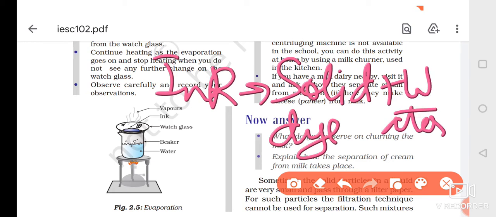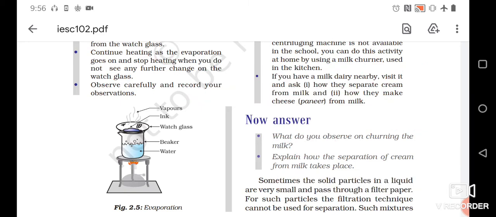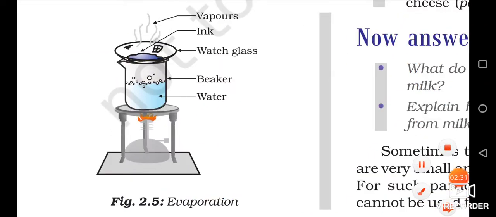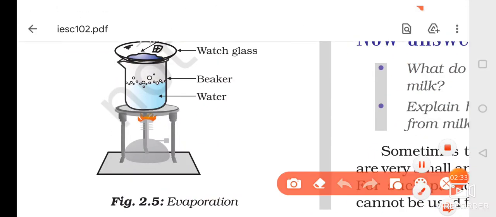We are separating this dye from the water. So how do we do that? We have taken the liquid component of the dye in a watch glass, and in a beaker I start boiling up the water.